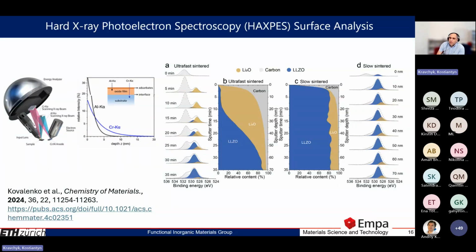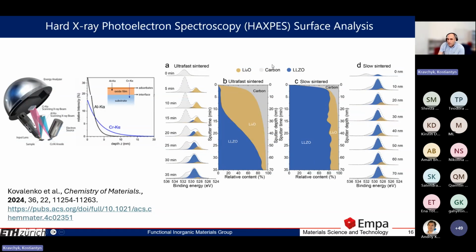It was completely different if you proceed with normal sintering, because as you see from these measurements, one can get a pretty clean surface of LLZO.